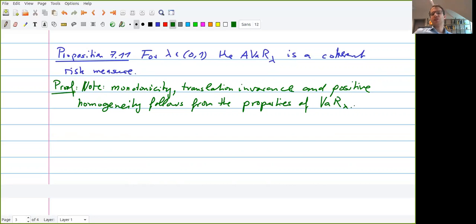Right. So monotonicity, translation invariance, and positive homogeneity we have already shown for the value at risk.